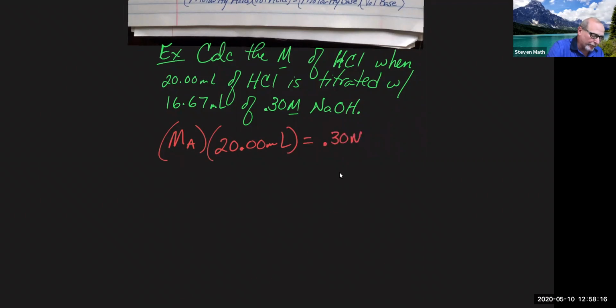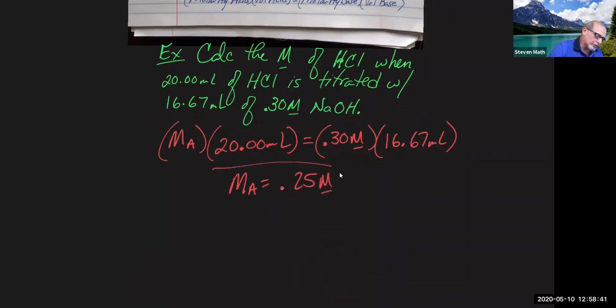The base is 0.30 molar and the volume is 16.67 mL. So we added 16.67 mL of base until our solution changed color with our indicator. Okay, and if we calculate this out, the molarity of our acid is 0.25 molar. As I say, the calculation couldn't be easier.